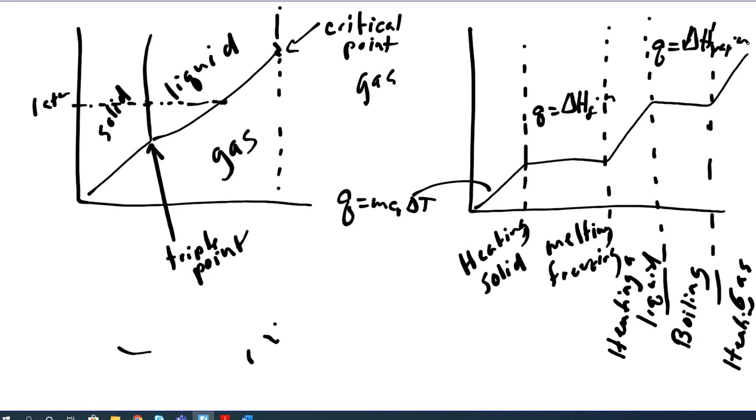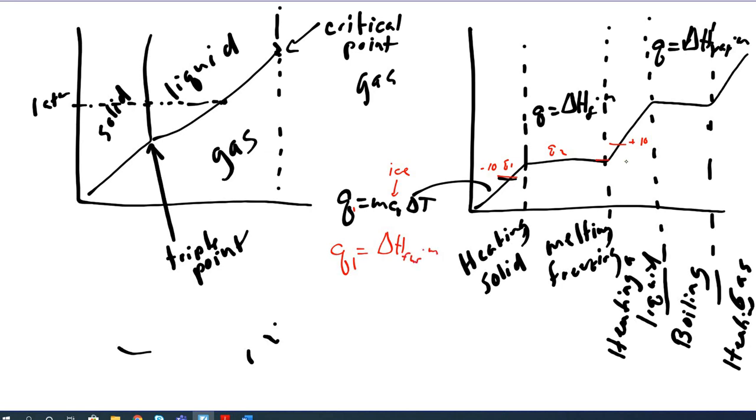So I would go from -10 to +10. I would use this Q using the specific heat for ice. So that would be Q1, and Q2 would be here on the flat area, and I would use delta H of fusion times mass.